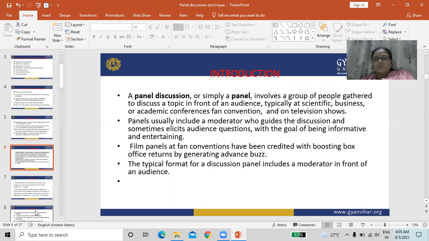A panel usually includes a moderator who guides the discussion and sometimes elicits audience questions, with the goal of being informative and entertaining.